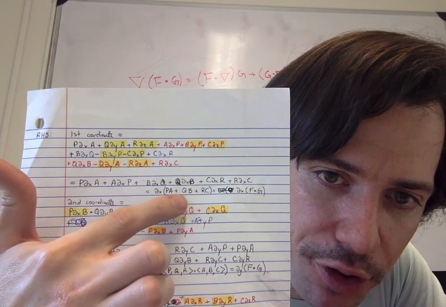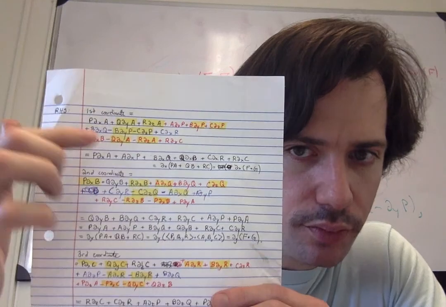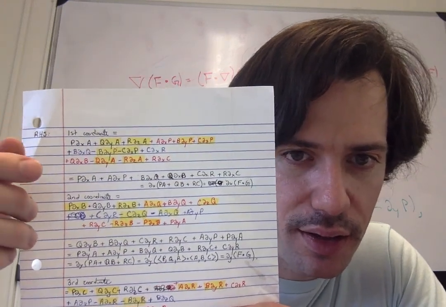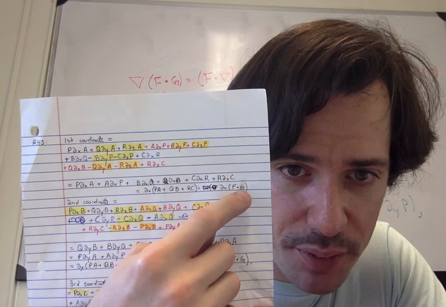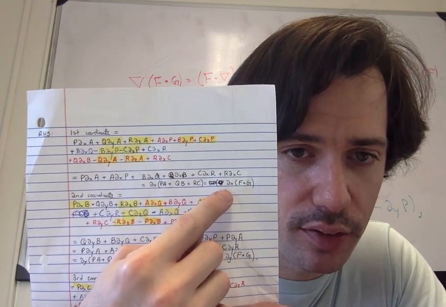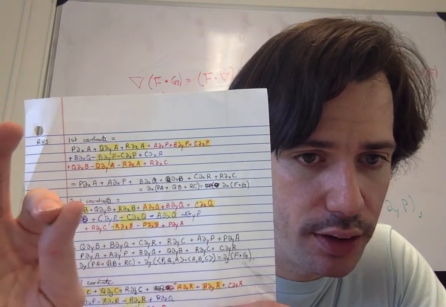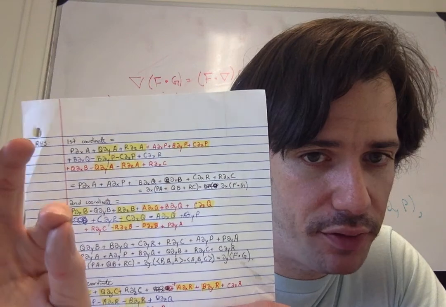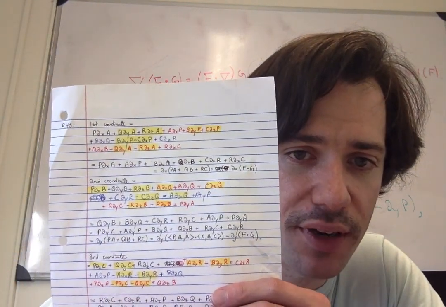And then again with Q and B and R and C. And so that tells me that it's actually just F times G, taking the derivative of it with respect to x.